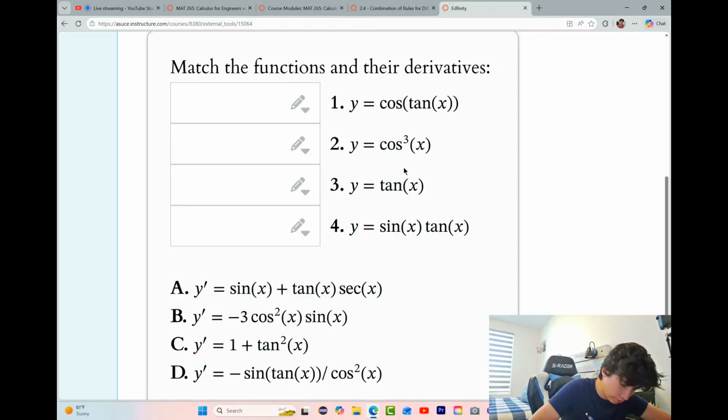So we got y prime equals. What is this? Tangent of x.